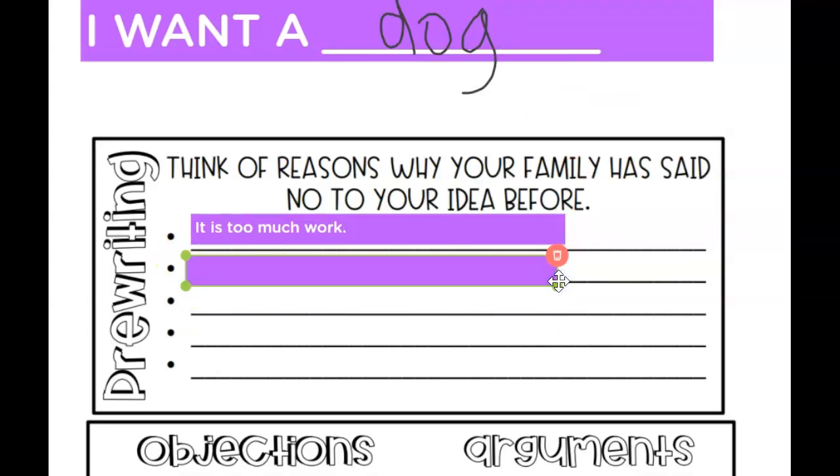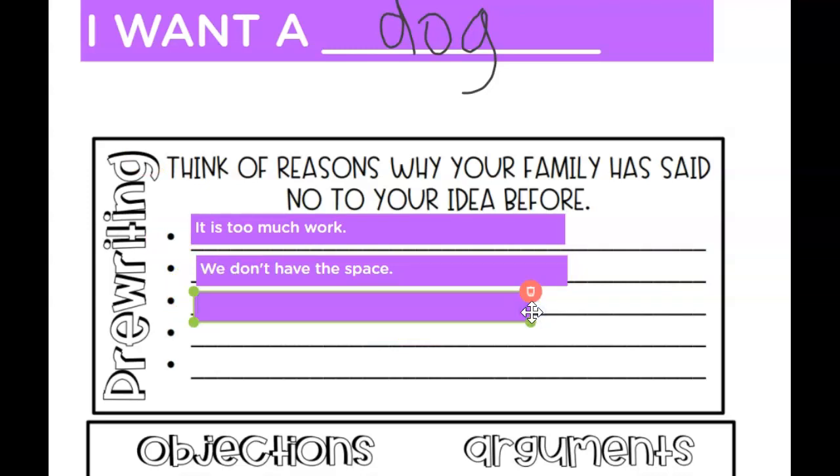Another one would be, we don't have the space. There's not enough room to have a dog. Or a pet, or whatever kind of pet you want to convince them of. Another reason they might say no is it's too expensive.